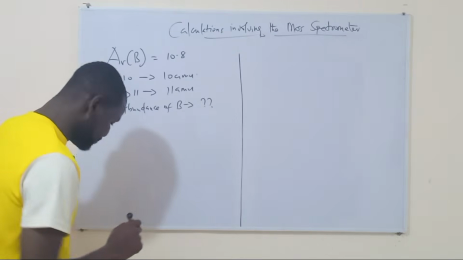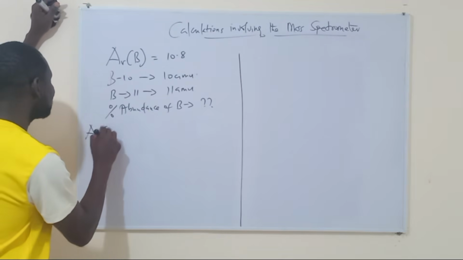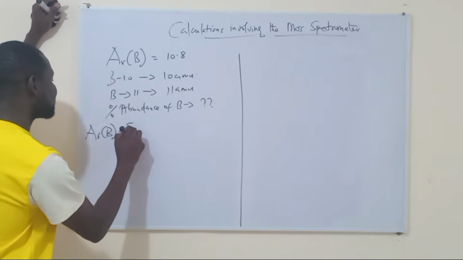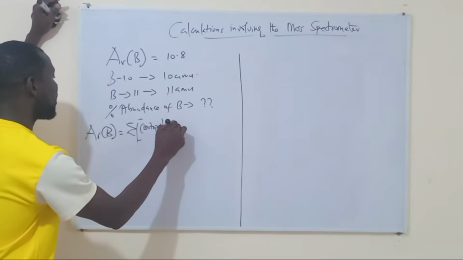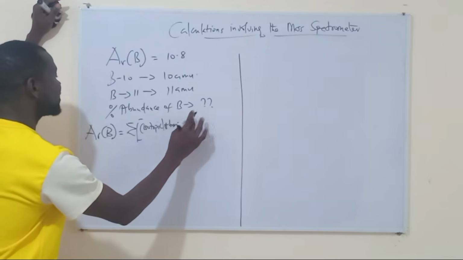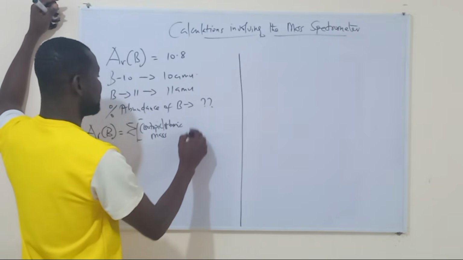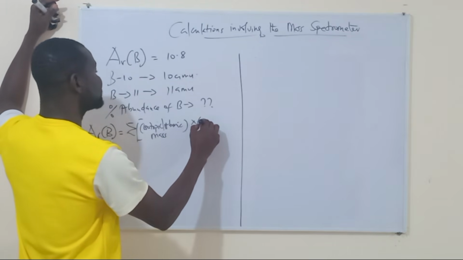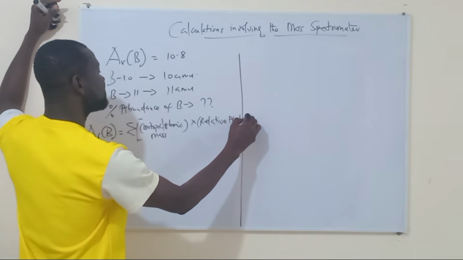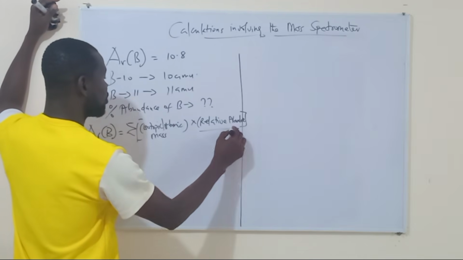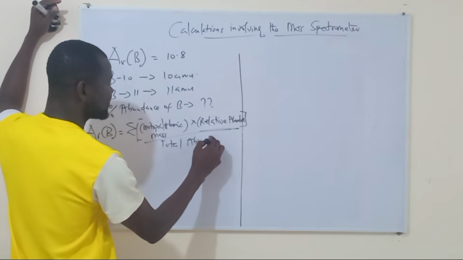But we know that the relative atomic mass of boron is equal to the summation of the isotopic or atomic mass times the relative abundance, all divided by the total abundance.